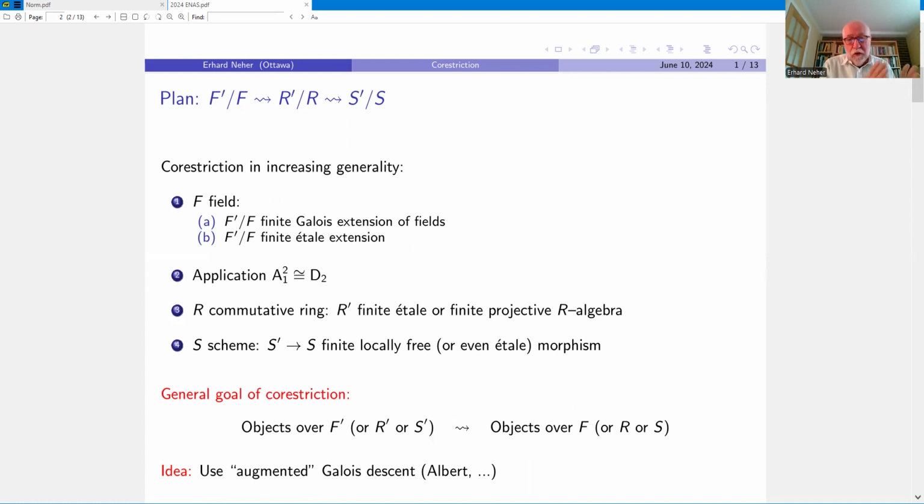And so corestriction in the original setup is, in fact, something which I would say is an augmented Galois descent. So therefore, I will first have a review of what Galois descent is.